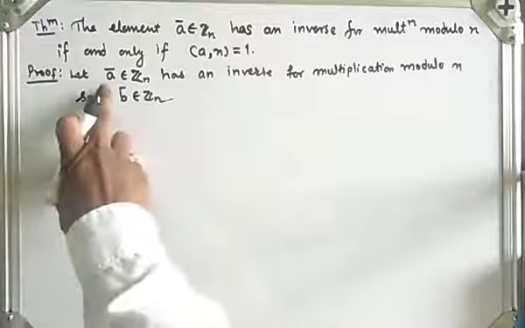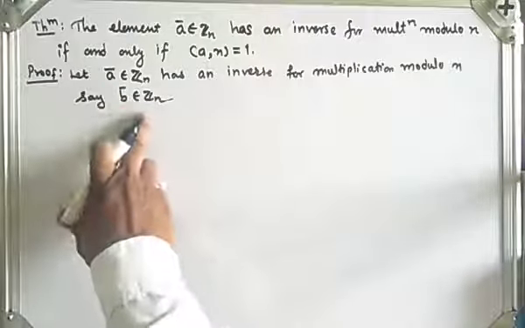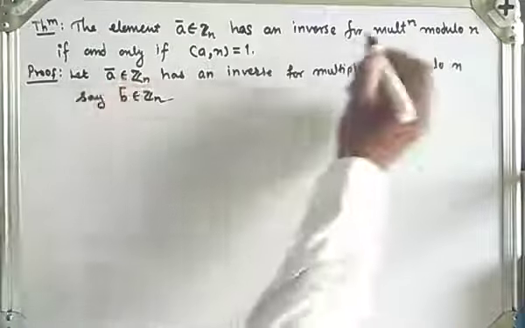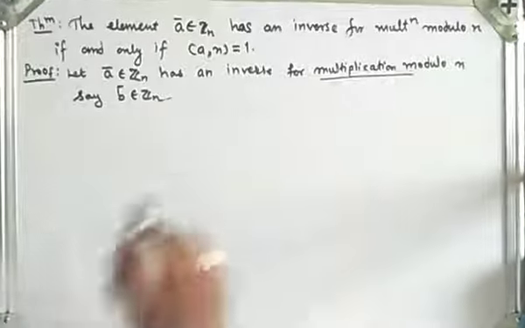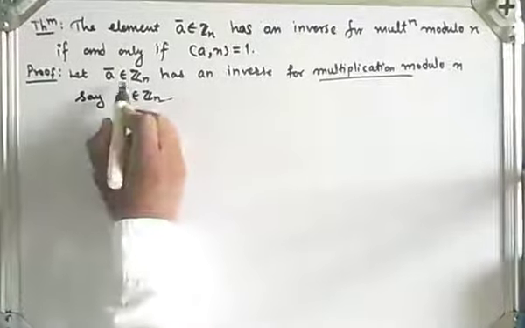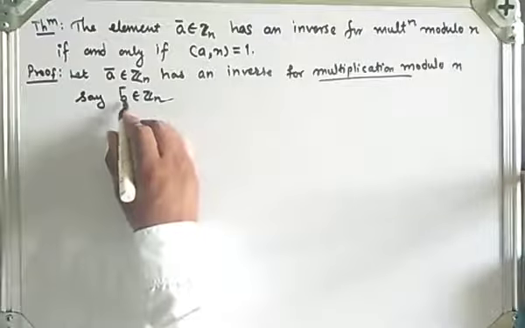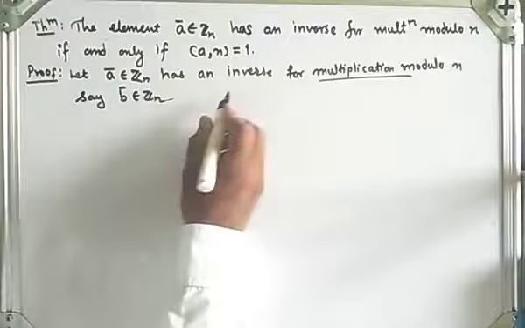Means I have a bar has an inverse b bar, and here the operation is multiplicative. By the definition, if a bar has inverse b bar, then the product of these will be 1.